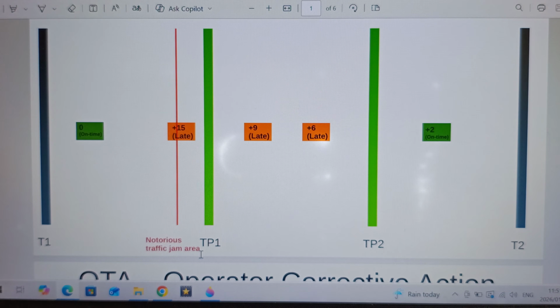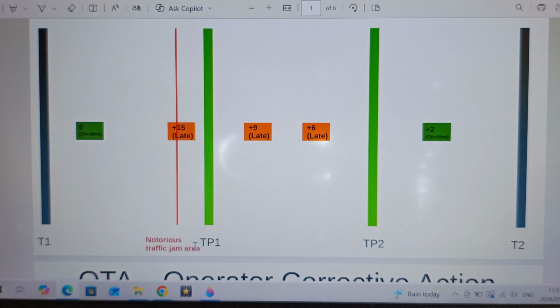Again, this is just explaining why there's a T1 and a T2. Sometimes even if your bus service has a fast turnaround, the conditions on the road, like multiple notorious traffic jam areas in the case of 99 in the past, doesn't matter how big or small your loop is. The bus service is going to get delayed anyway because of all of these notorious traffic jam areas.